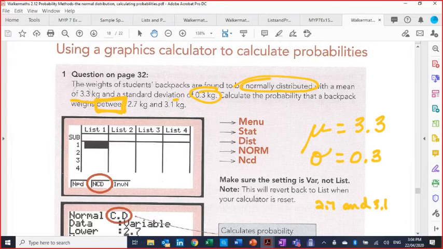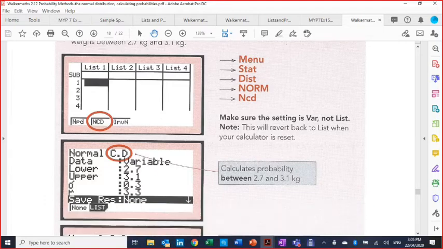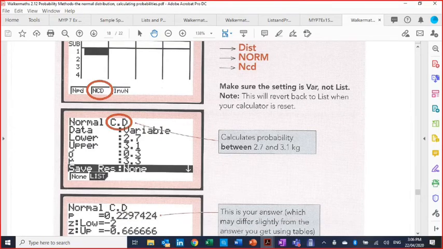Okay, so I'm just going to walk you through because they've got the pictures here of them doing this very problem. So you'll notice that they've done NCD, not NPD or not inverse, but the middle one, right? And then also make sure that this setting says variable, not list. Okay, so be careful about that. You'll see that all they've done is put the proper numbers in the proper place.